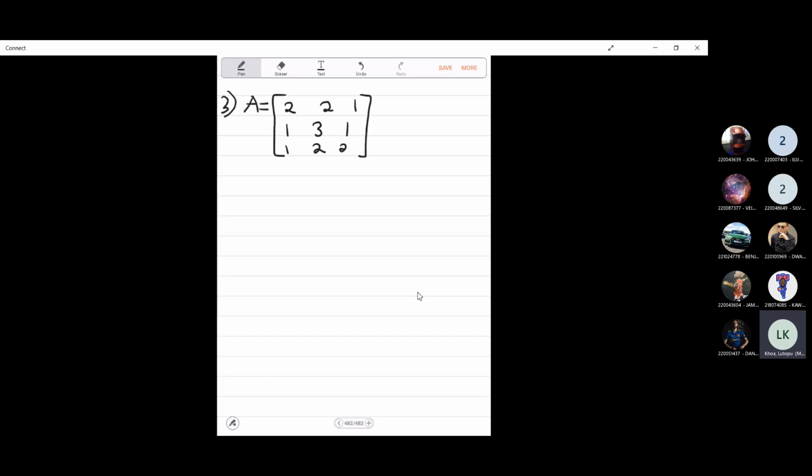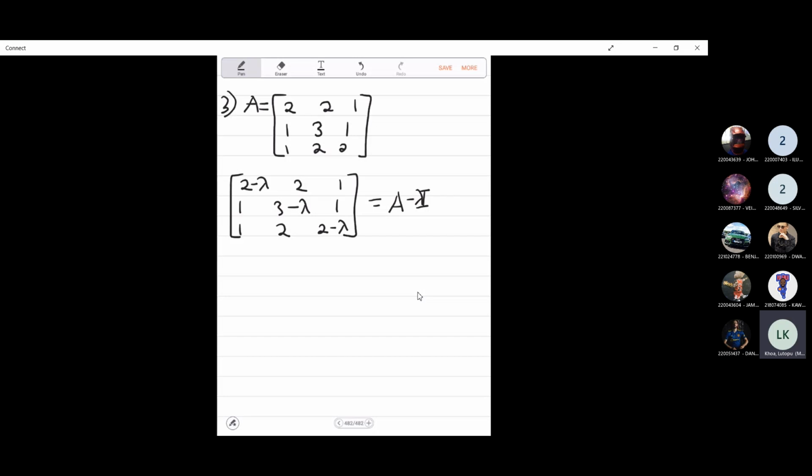Okay, so we will have this matrix here: 2 minus lambda, 2, 1, 1, 3 minus lambda, 1, 1, 2, and then 2 minus lambda. This is our A minus lambda I. Okay, then we work out its determinant and equate that determinant to 0.